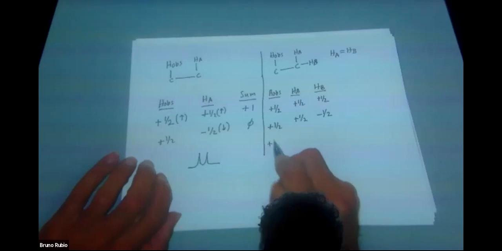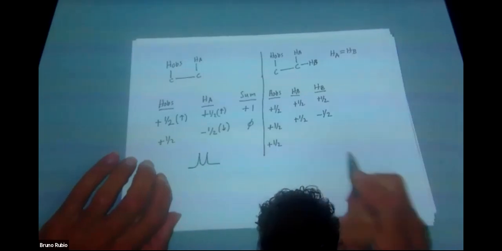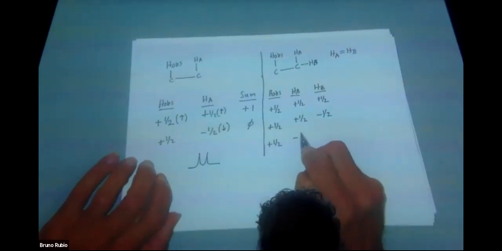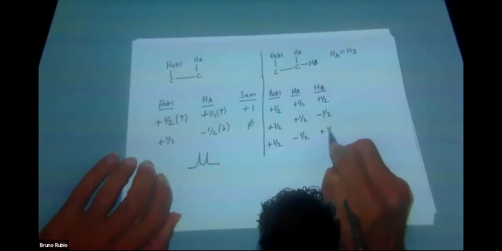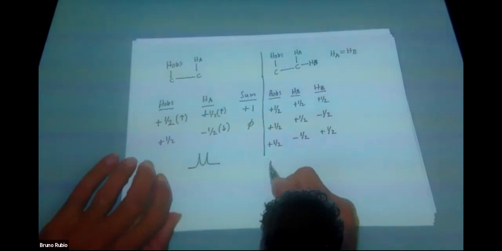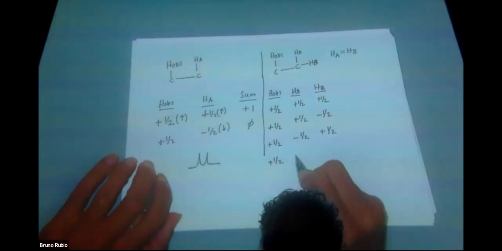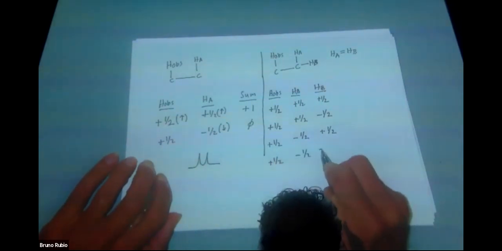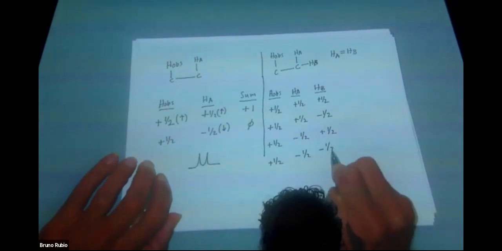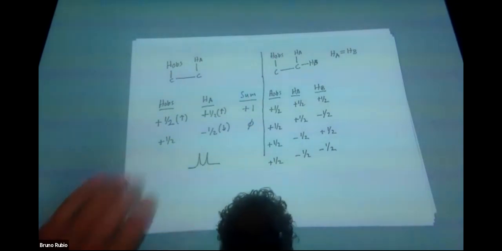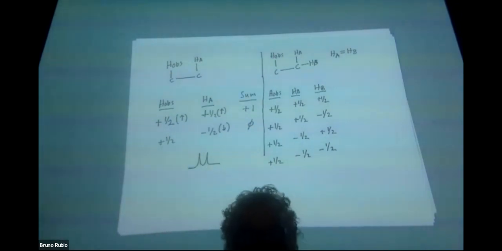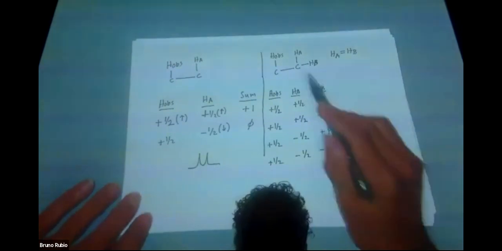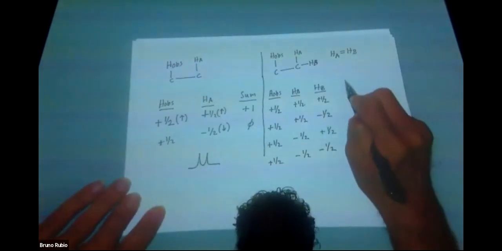So there's another set of possibilities. Another possibility could be that HA could be spin down where HB is spin up. That's another set of possibilities. And the final possibility is that H observed is spin up, but the neighboring protons are spin down. So those are all of the spin microstates that we could get from this situation.